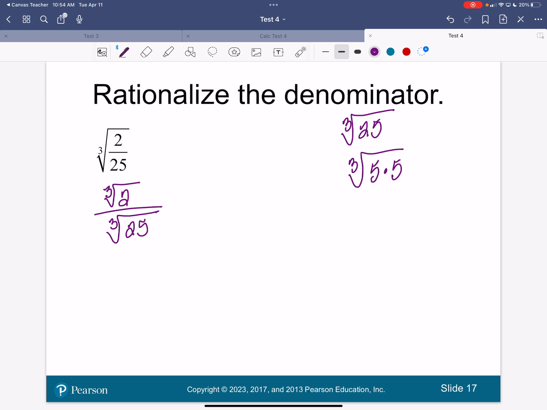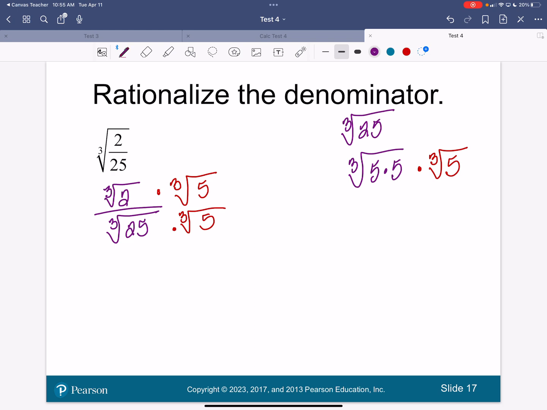I only have 2. So what I'm going to do is I'm going to multiply this by 1 more 5, because I've got to have a set of 3. And once I have a set of 3, I can take the cubed root of that. So I'm going to multiply the denominator by the cubed root of 5. And if I do that, I have to multiply the numerator times the cubed root of 5.